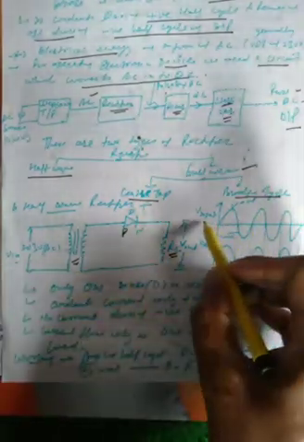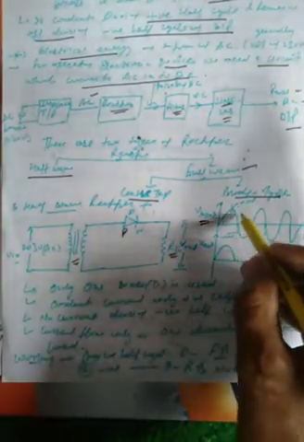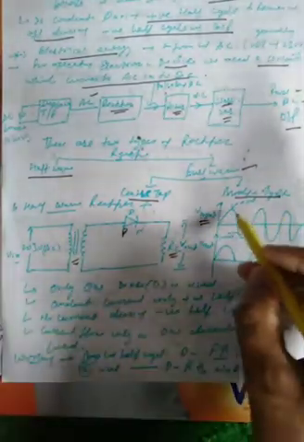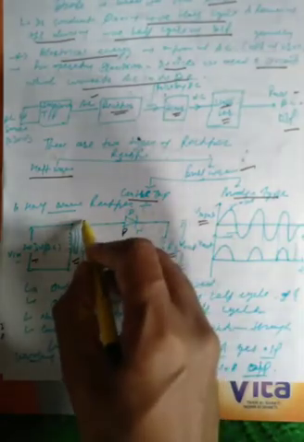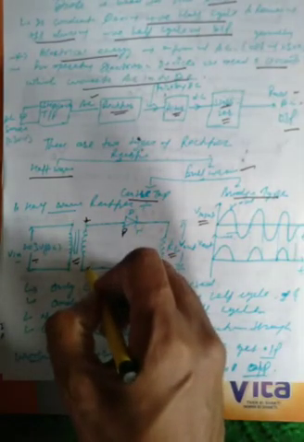So when we apply the sine wave AC signal from here, the diode has a function: it is positive, it is negative.